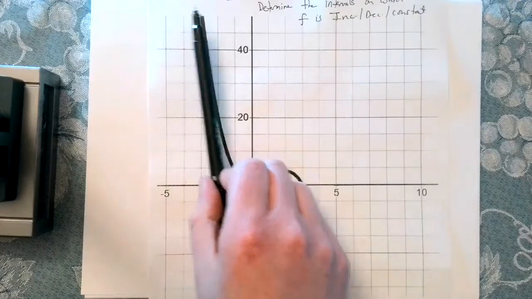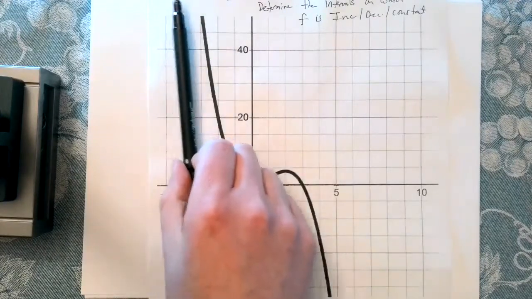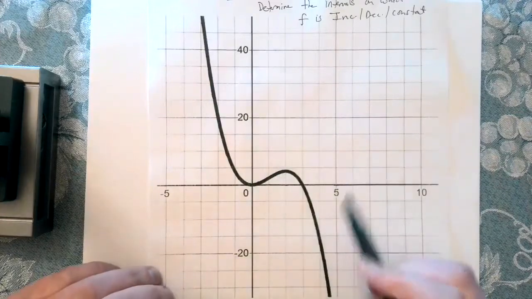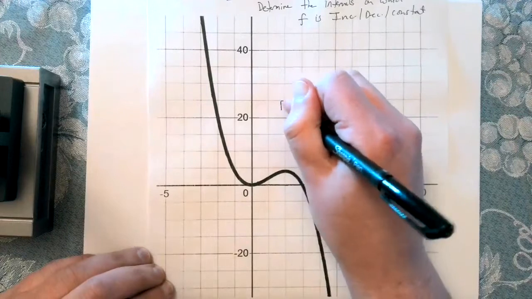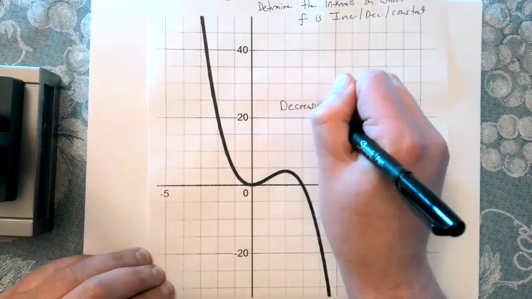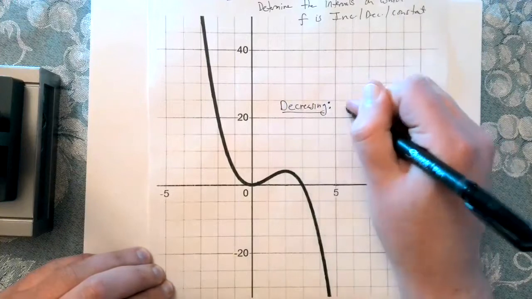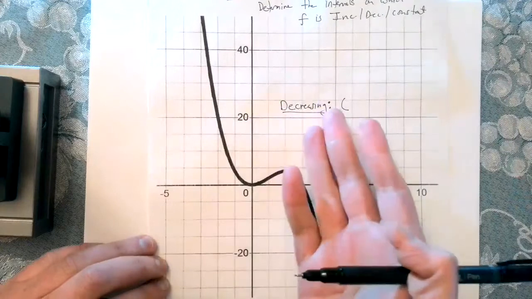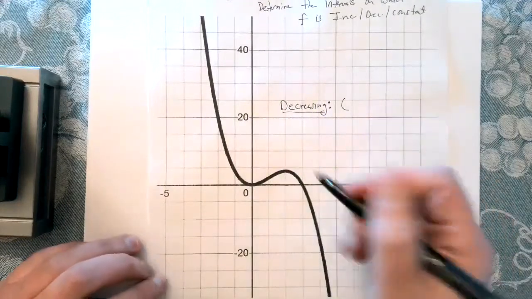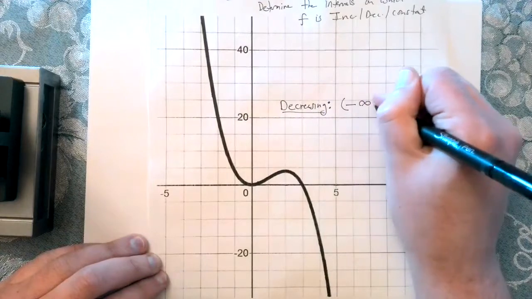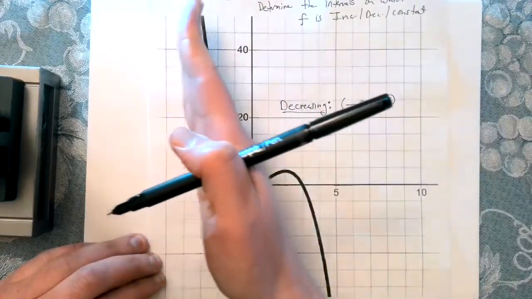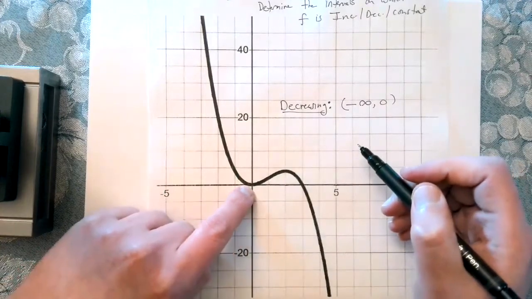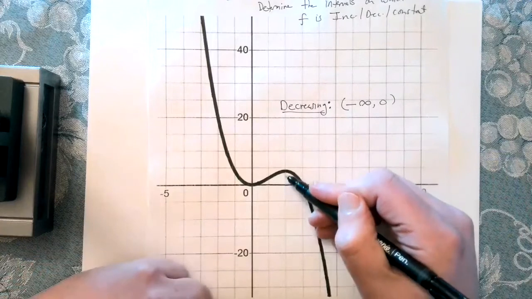It looks like the graph of f is decreasing from minus infinity until 0. So we're decreasing, again reading from left to right. So I'm describing this in terms of x values, not y values, right? So I'm decreasing from minus infinity to 0. And then it looks like I'm increasing from 0 until maybe 2.